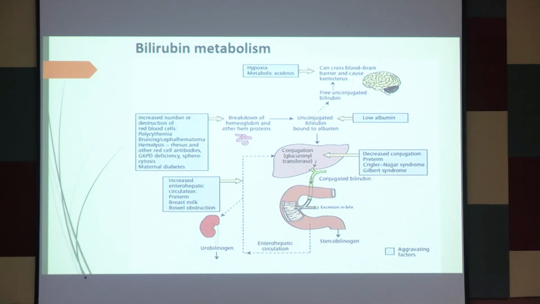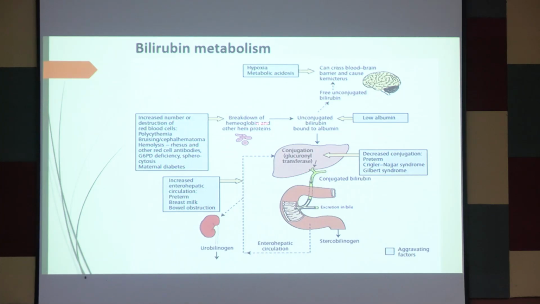So, when enzyme activity is low or enzyme is absent, there will be no conjugation, and the proportion of unconjugated bilirubin will be more. That leads to more indirect or unconjugated hyperbilirubinemia.